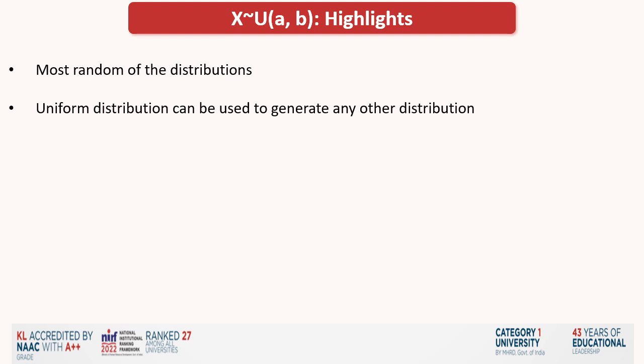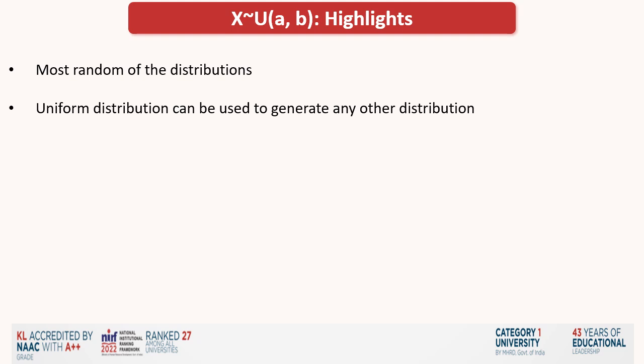Some of the highlights of the uniform random variable: it's one of the most random distributions because the probability is constant over the entire segment length, so all the values of x are equally likely. The uniform distribution is generally used to generate any other distribution.